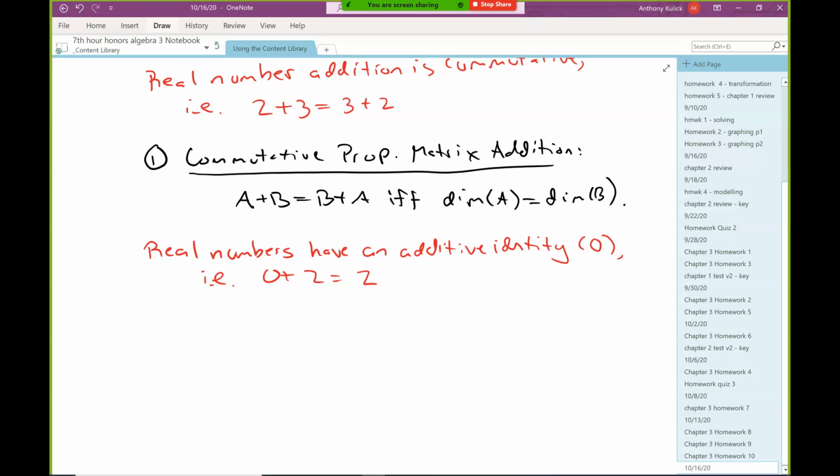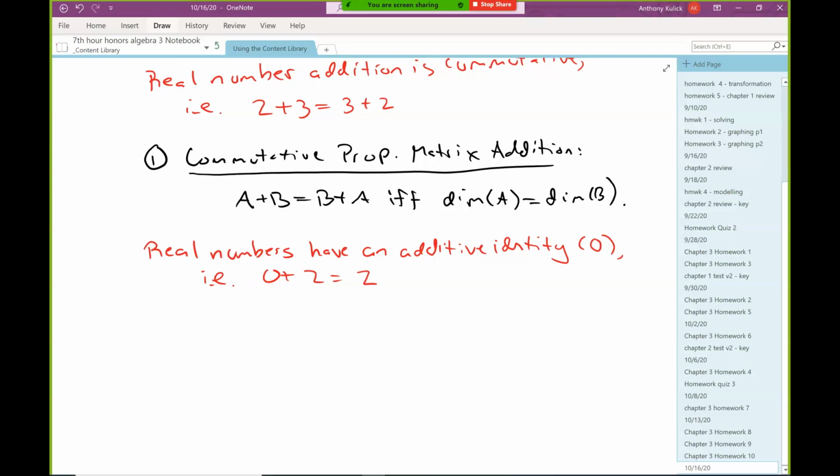If every number in the matrix is 0, it's going to act like an identity element. What part did we lose, though, from the real numbers to matrices? What we lost is uniqueness.